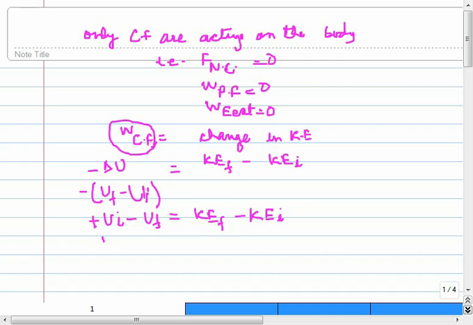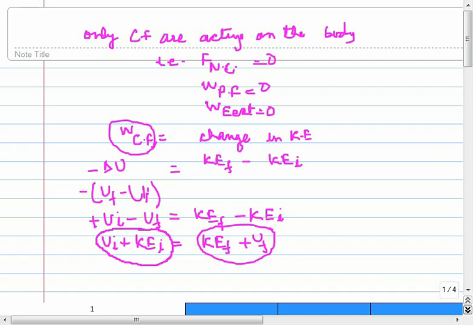With this we can say U initial plus KE initial is equal to KE final plus U final.